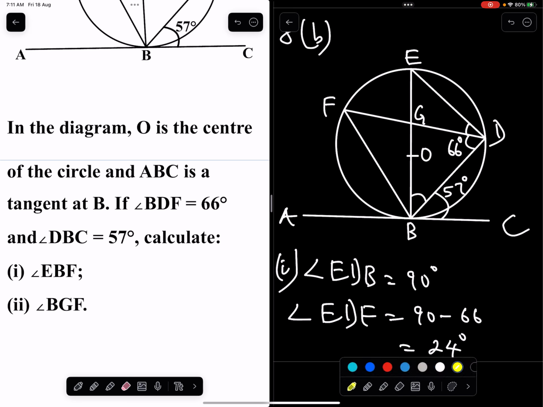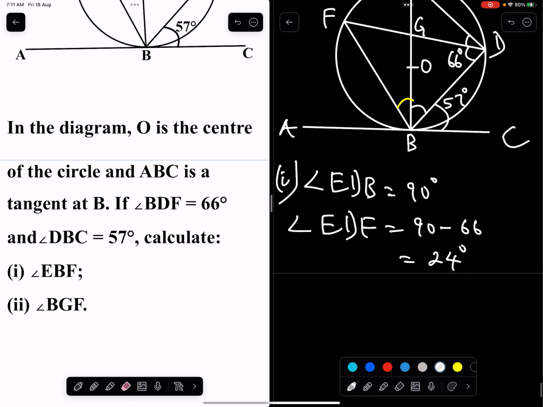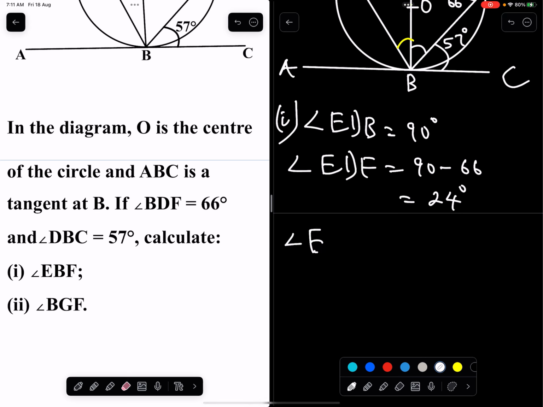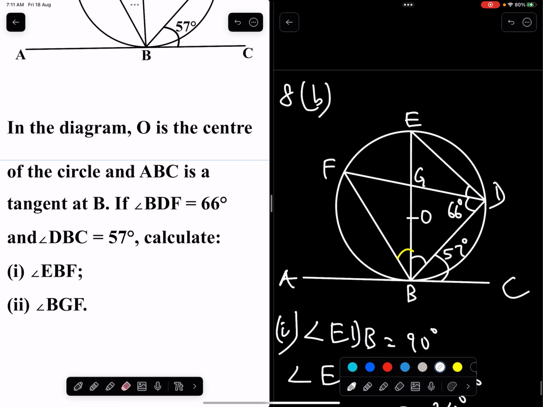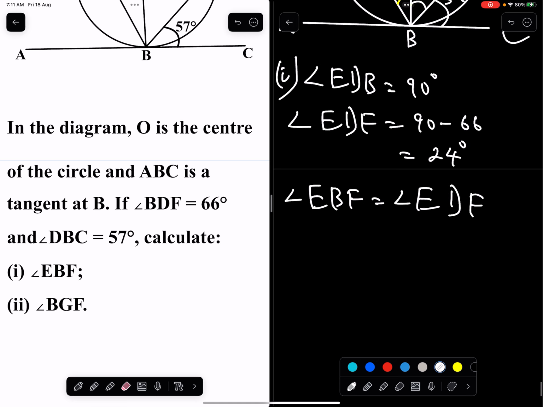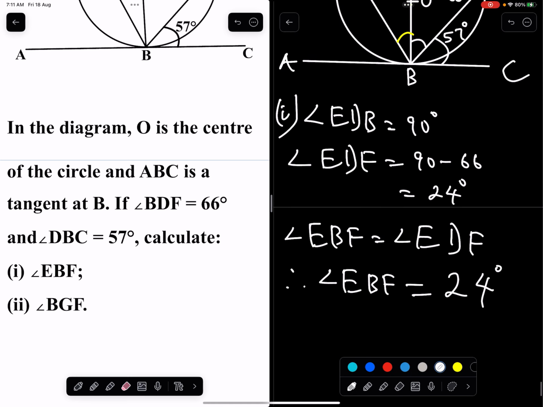That angle is the same as the angle we want to find, angle EBF. Angle EBF is the same as angle EDF, and the reason for that is angles in the same segment. So therefore, angle EBF is also equal to 24 degrees.